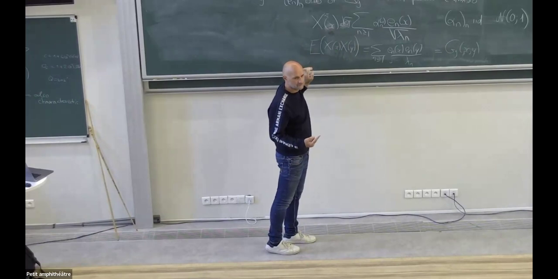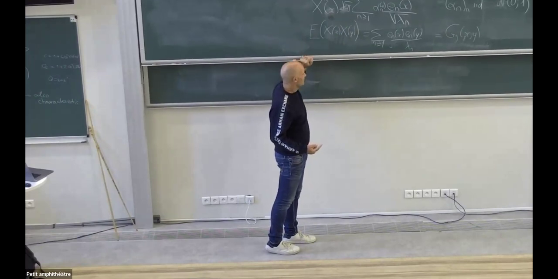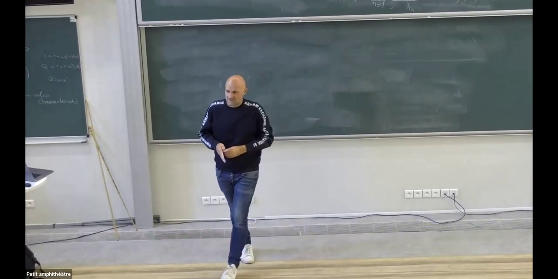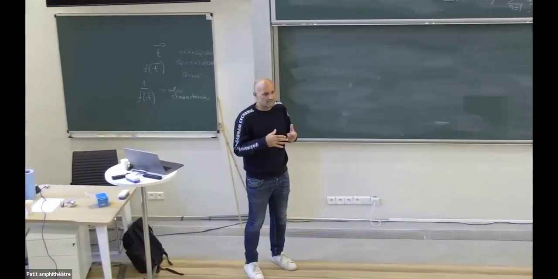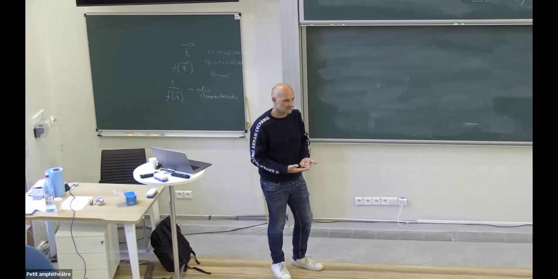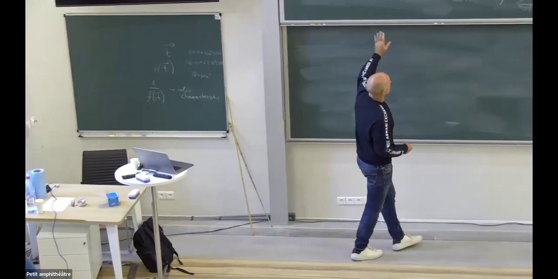It's not a well-defined function. So it's a random distribution, but not a random function. I like to think of it as a random function, but it's too irregular to be a well-defined function. And that's the trouble.